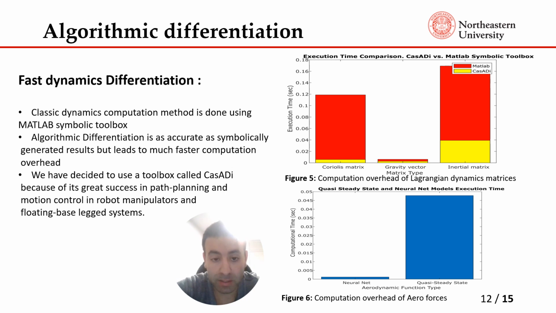However, CDC has proven to be accurate and faster by an order of magnitude than the MATLAB symbolic toolbox. So for this reason, we combine it with our algorithm, and we show that CDC has much faster execution time in Figures 5 and 6 for computing the Coriolis, gravity, and inertial matrices, and also the aerodynamic forces.